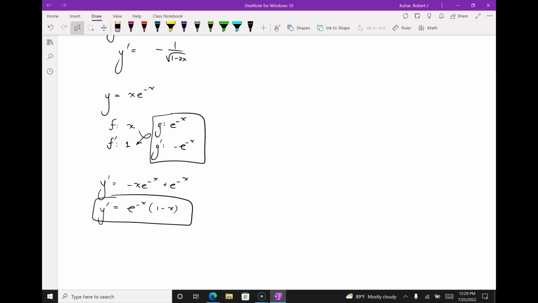So I could bring the negative out. I certainly could do that. Y prime is negative e to the negative x, and then I have an x minus 1. But yeah, I wouldn't mark either of those wrong. Whenever I can, from a computer science standpoint, I'm trying to save characters. So in this one, I have one less character to write.